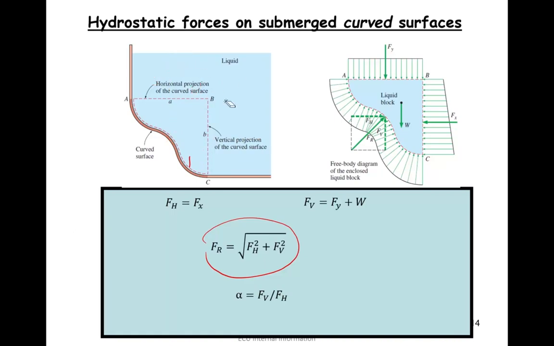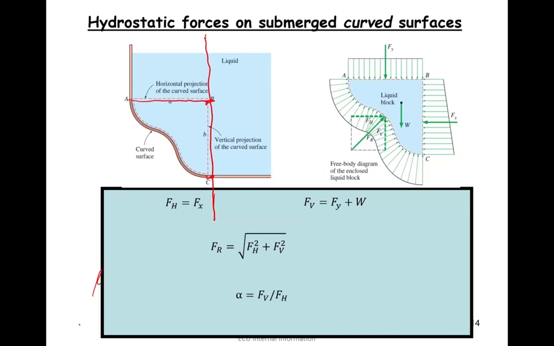There are a couple of considerations I want to explain to you, on how you go about estimating horizontal forces. Let's say, for example, the first thing you need to do is plot a vertical line, and for the surface under investigation, you project this curve onto this vertical line.